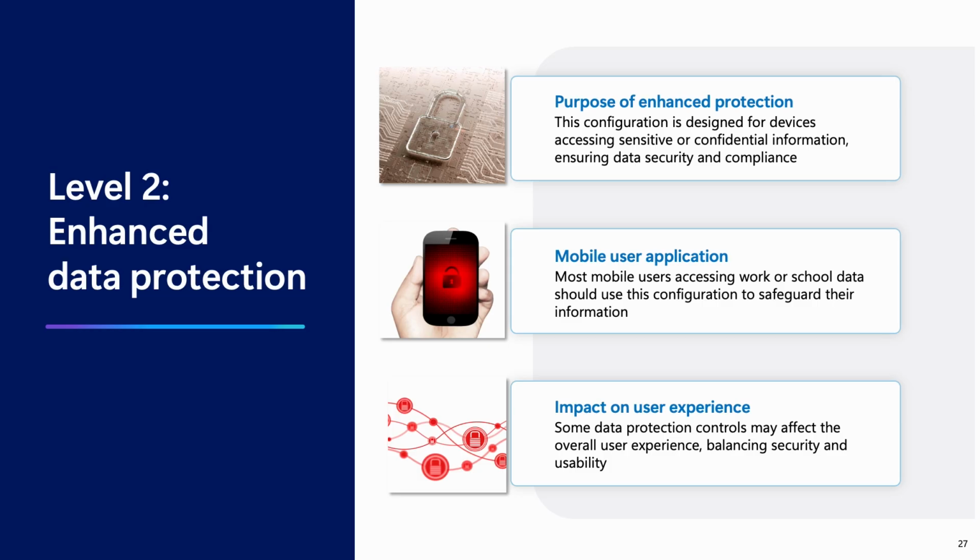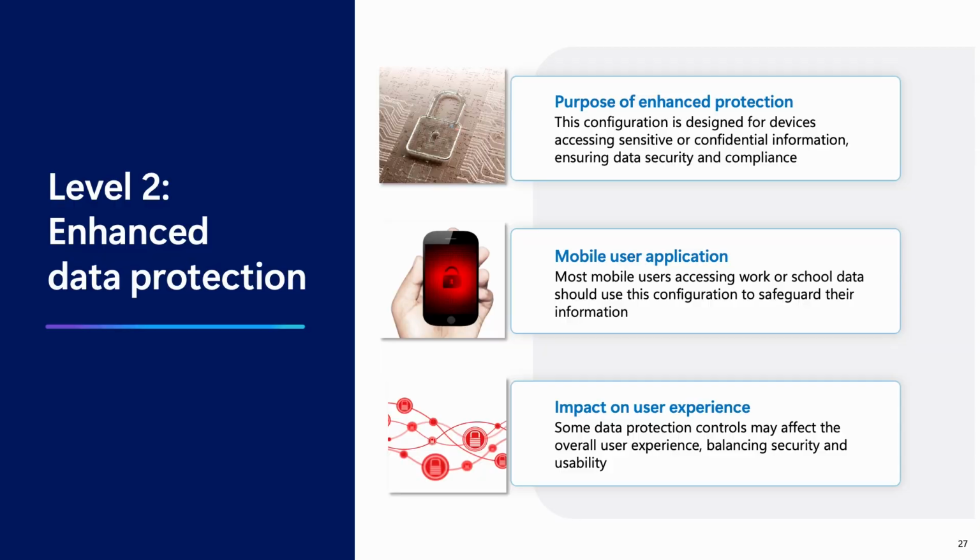But level 2 is all about enhancing what we've already built up. So while level 1 was deployed to the help desk, level 2 I'm going to deploy to my BYOD users. Those users that are constantly leaving my company, that are potentially using their own phones to access the data. I don't want to use level 1 for them, but I want to enhance the overall protection of those applications.